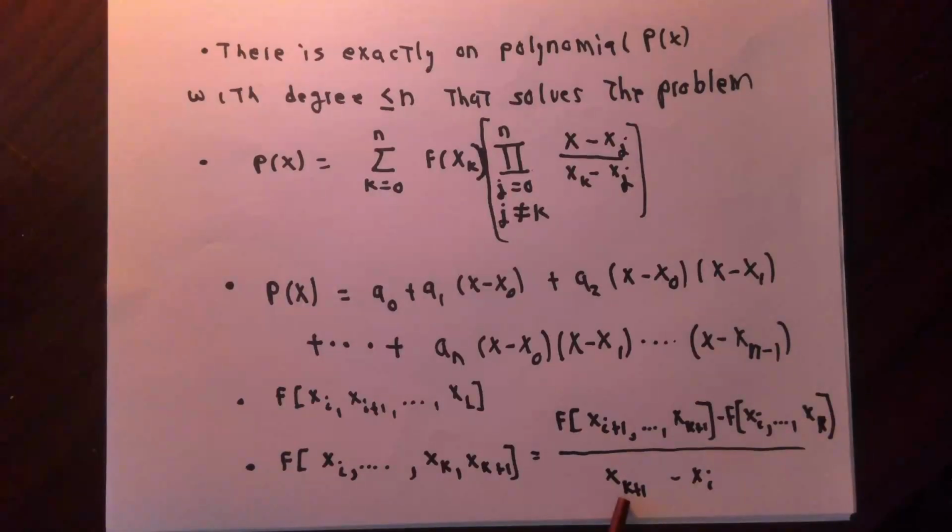This will be the x number with the biggest index in the collection I'm thinking of at the moment, and this will be the smallest indexed one. When we organize this in a table, it'll be very easy to keep this straight.